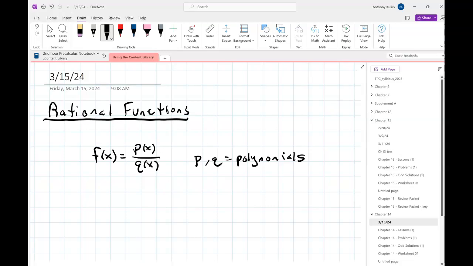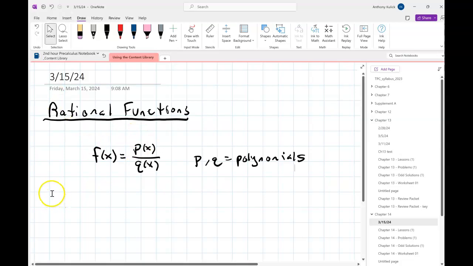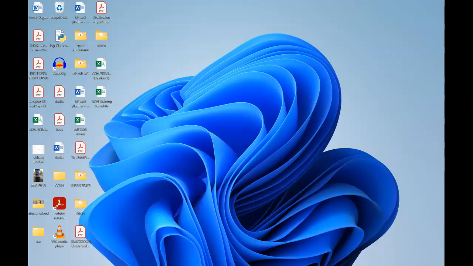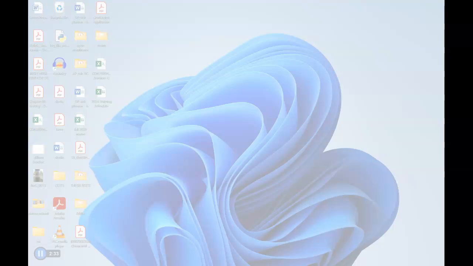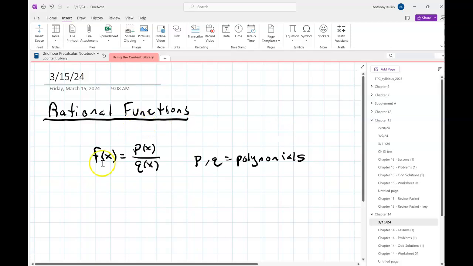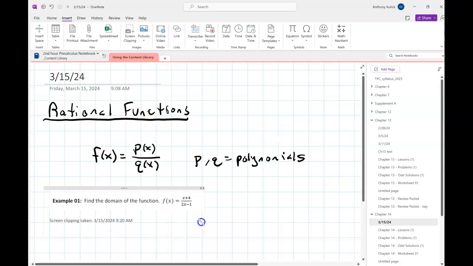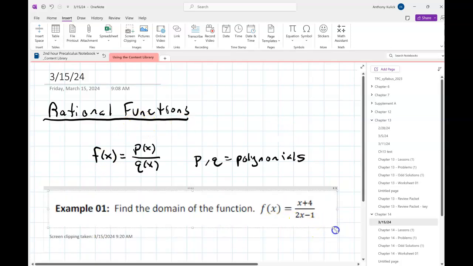First things first, we talk about a new type of function. Let's talk about how we find its domain.